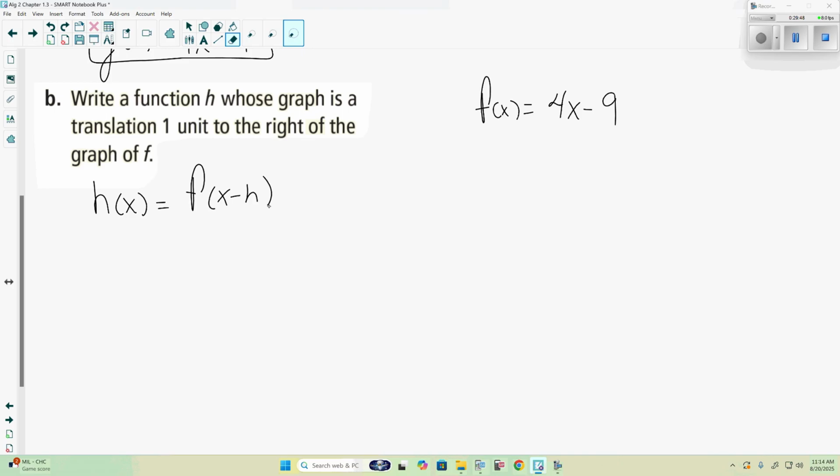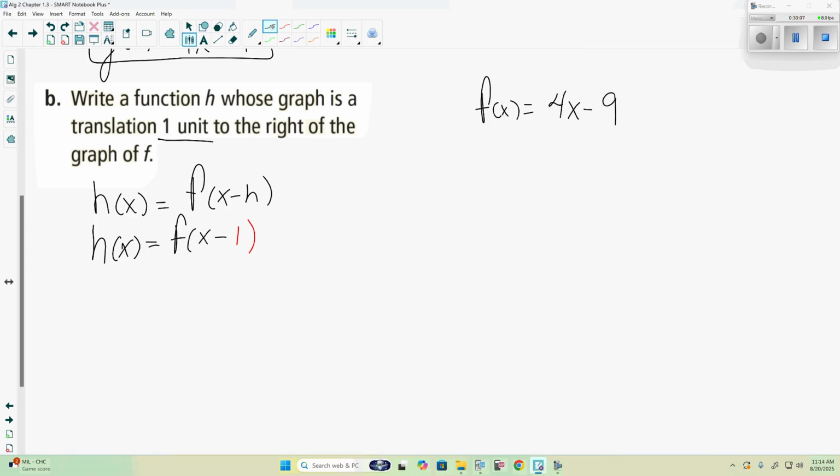Now that value of h is 1 unit to the right, so the value of h is going to be positive 1.